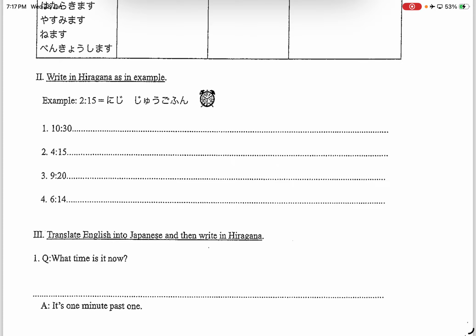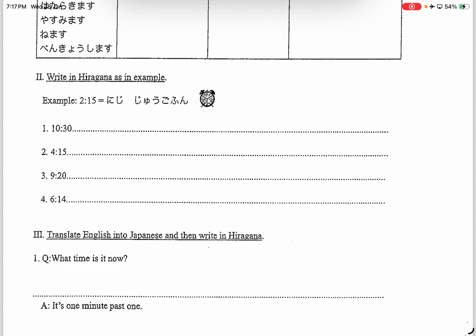How do you say 14? 14分. Minutes. We're not talking about the hours anymore, we just talk about minutes. So 14分, Y-O-N-P-U-N. 6時14分. P-U-N, 14分, not 4分. Any questions for timing?